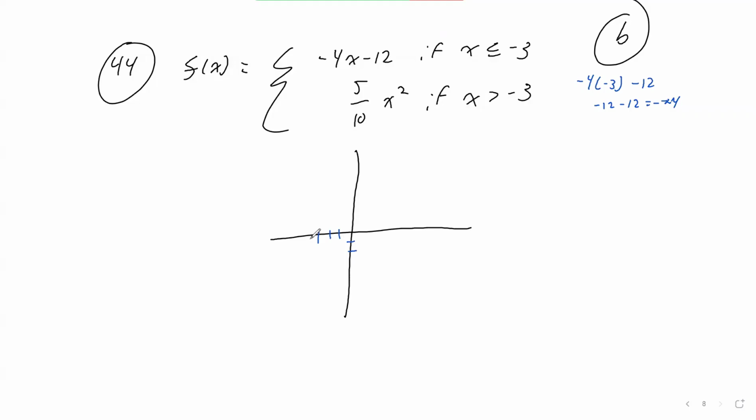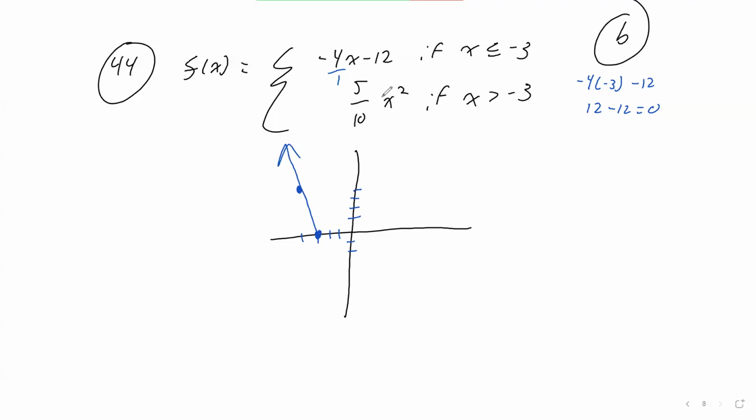Oh, gosh, sorry about that. This isn't going to map out right. So negative 3 times negative 4 is positive 12, minus 12 will give me 0. That's a lot easier to do. So at negative 3, I would have a spot at 0, and that's as far as I can go from the right. From there, I know my slope is negative 4 over 1. So instead of going down 4, right 1, I'll go up 4 over 1. So here's my new point. And then this will be what my linear function would look like.